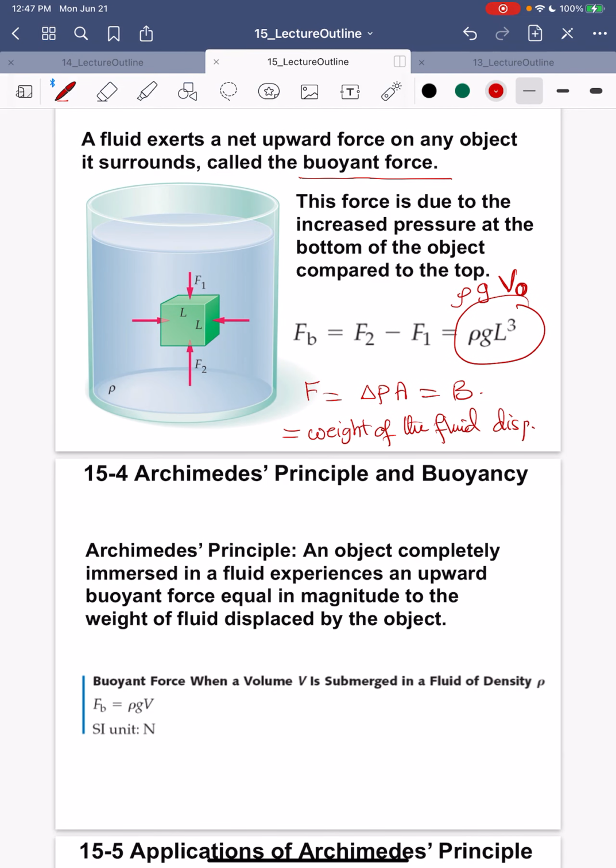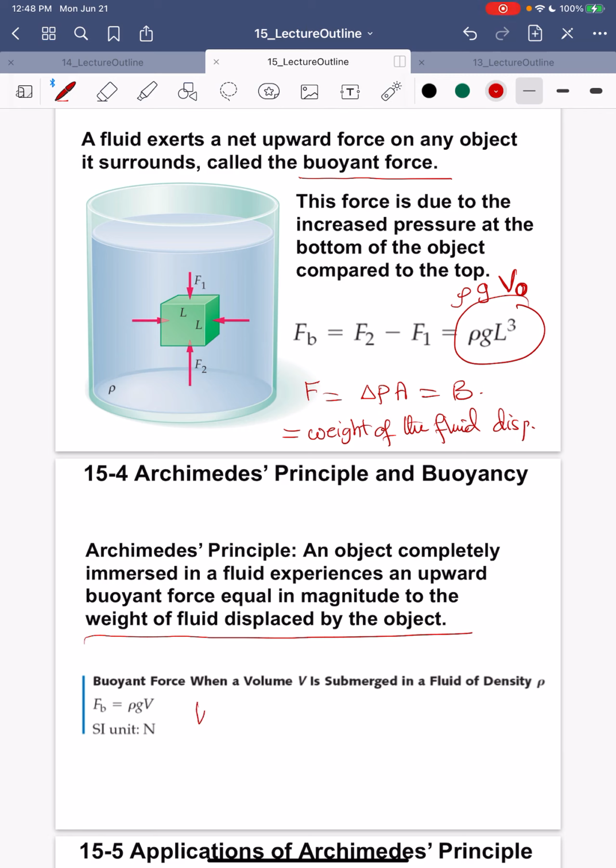Now, there are two things related to Archimedes: when the object is just immersed, or when it is floating. When it is completely immersed or submerged in a fluid, it will experience an upward buoyant force equal in magnitude to the weight of the fluid displaced by the object.